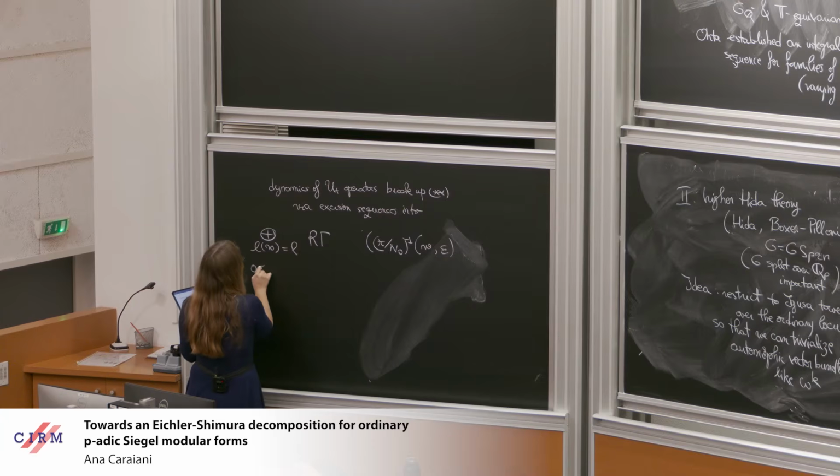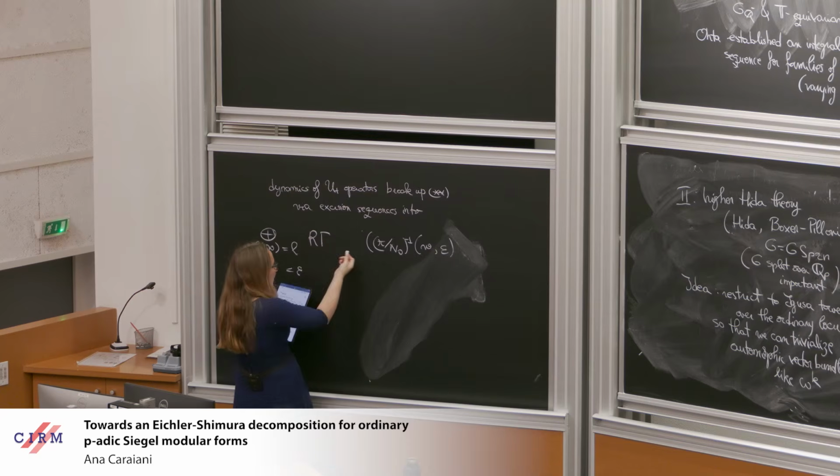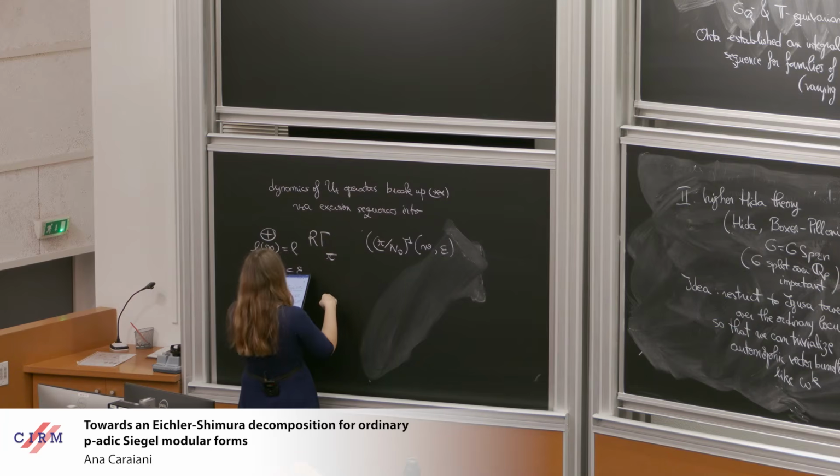So this is 0 less than epsilon. And then it's also cohomology with some partial support condition. The way they write it is with support in a closed subset of this one, so essentially some smaller overconvergent neighborhood.